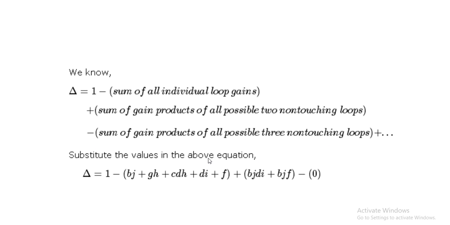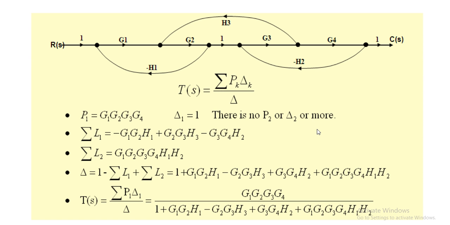In this example there are only 3 loops, but we don't have a set of 3 non-touching loops, because this loop is touching this loop as well as this loop. So this bracket will not be there, and it will be limited to 2 only. And as there is no second path, there will not be any second path gain, and no delta 2. Here delta 1 will be 1.